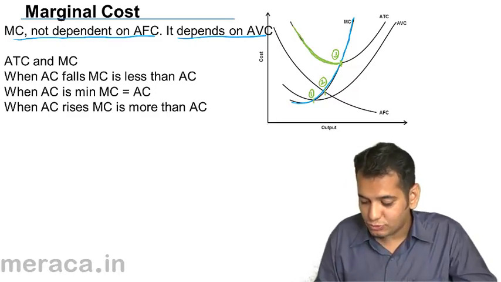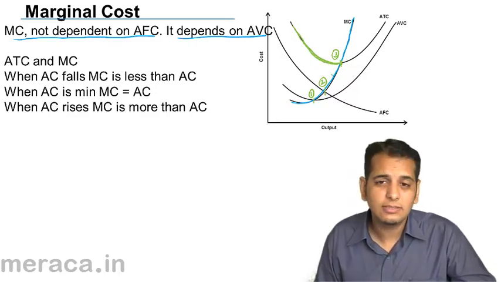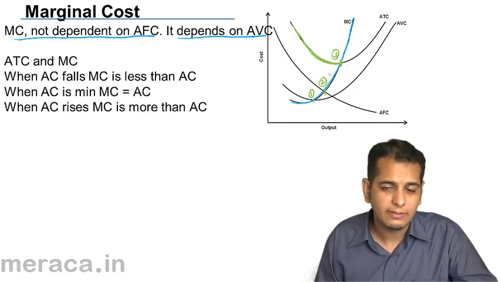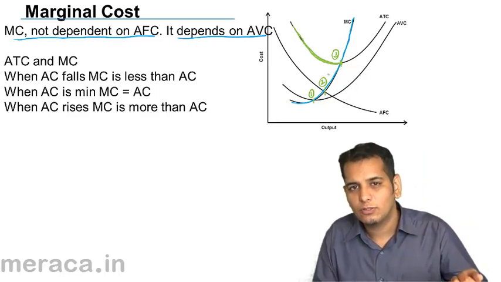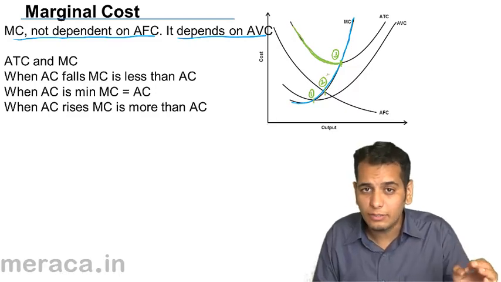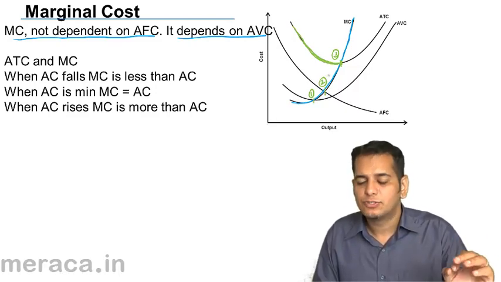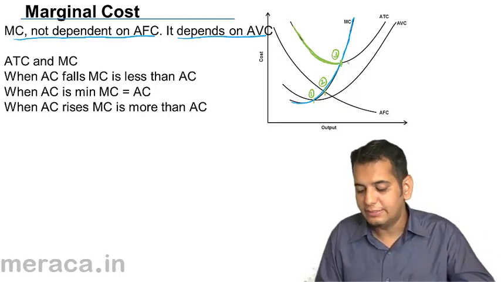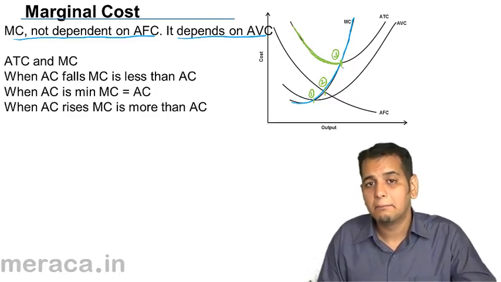When the average total cost curve and marginal cost curve meet, that is when the average total cost and the marginal cost are equal, average total cost will be least at that point. It will be minimum.